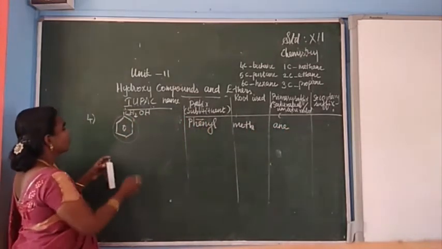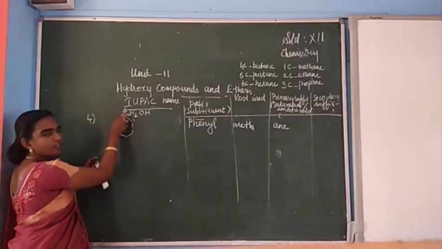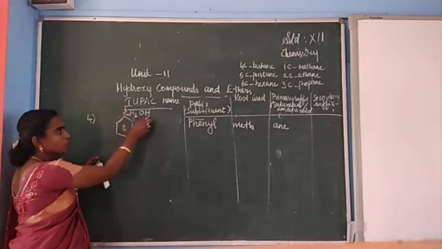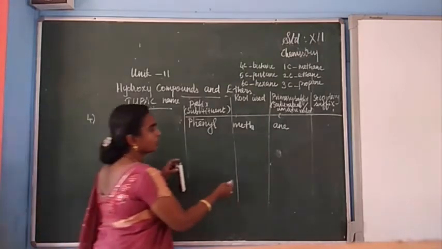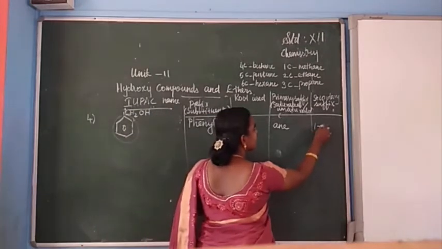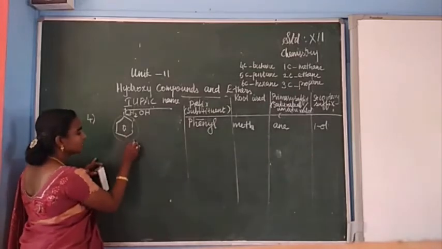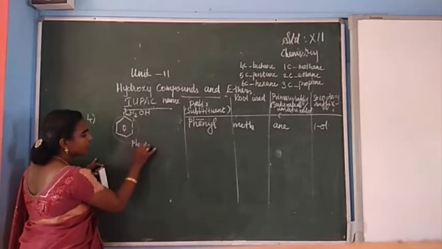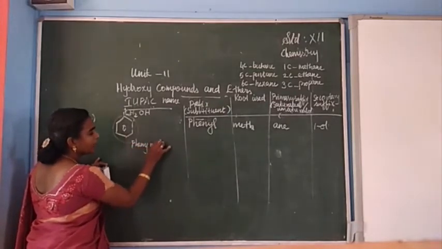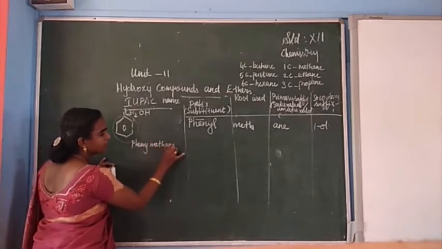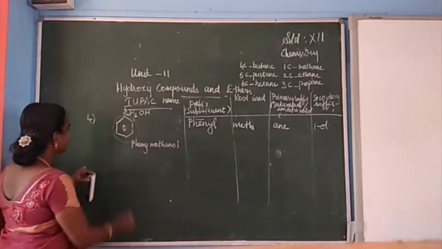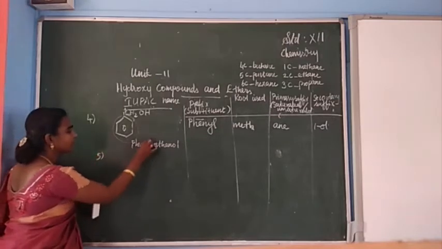Next, only one carbon is there. With the first carbon, OH group is attached. So whether you mention the number or not, it is the same. We can write the IUPAC name of this compound as phenylmethanol.